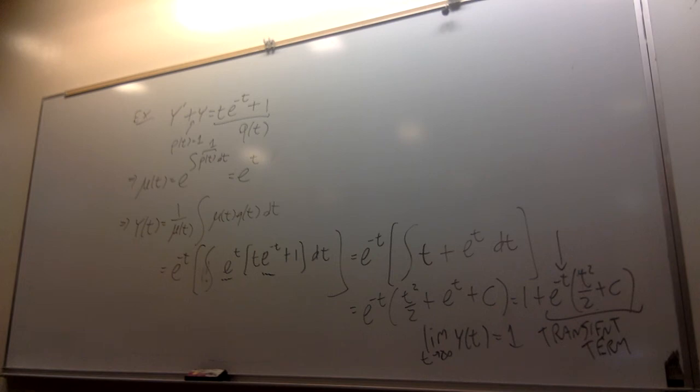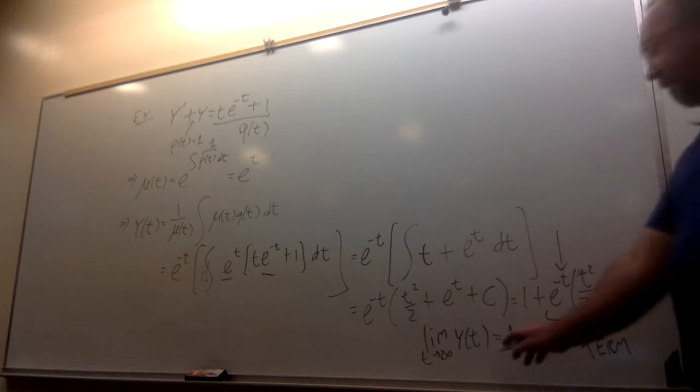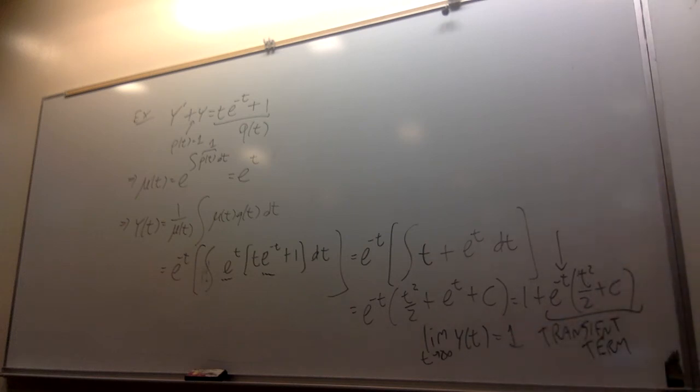Now, you can almost think of the non-transient part, the 1, as an equilibrium solution in a way. It's not really, because an equilibrium solution comes from autonomous equations where the time derivative doesn't depend on t at all, only y.